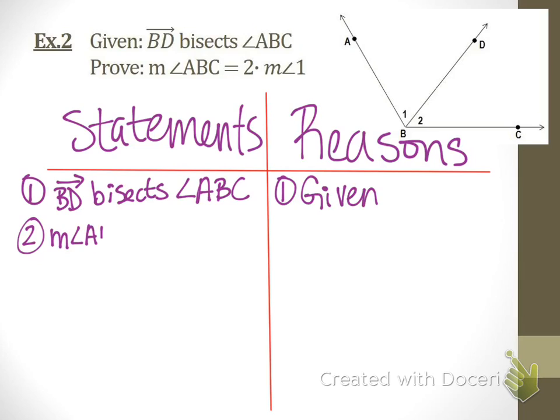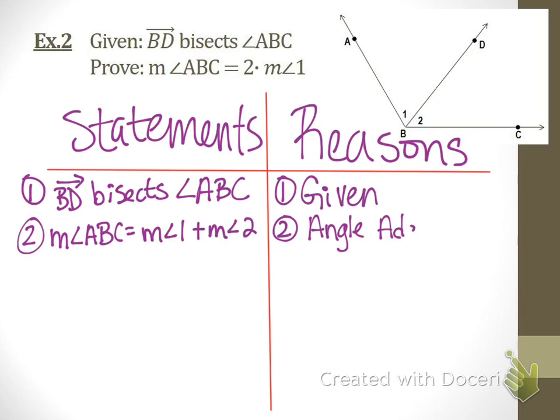So the measure of angle ABC is equal to the measure of angle 1 plus the measure of angle 2. What allows us to say that? Very good. Angle addition postulate. If you put angle add, that's fine. The angle addition postulate lets us add 2 small angles together to get a bigger angle.